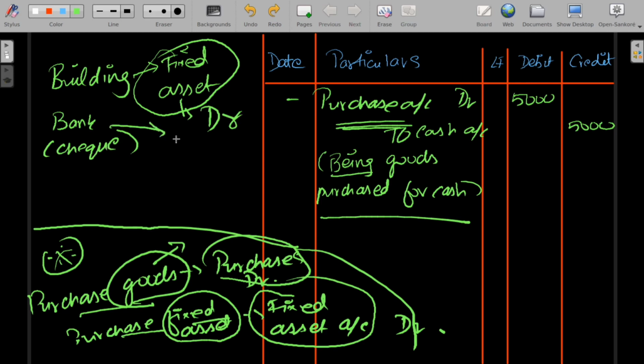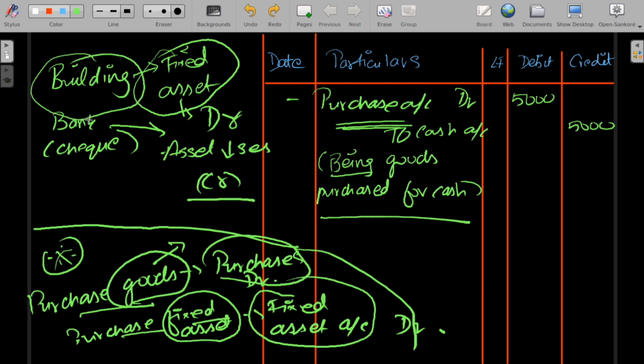You're paying through check, so the check goes out and this reduces your bank balance. So your asset decreases, and when your asset decreases, you credit. So the entry for this question would be building account debit to bank account credit.